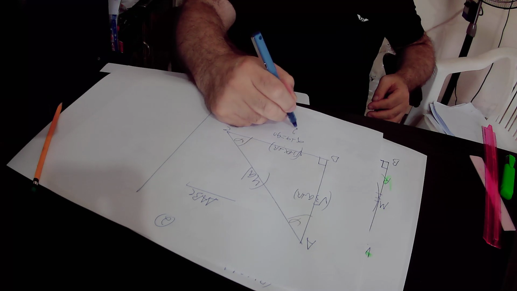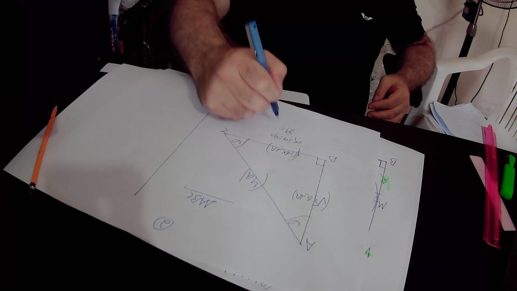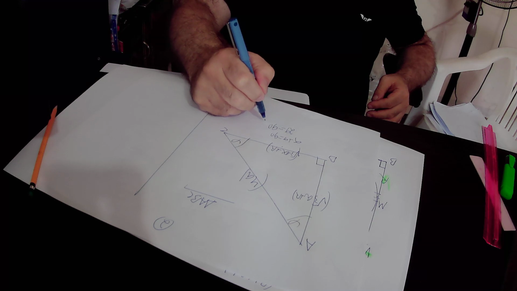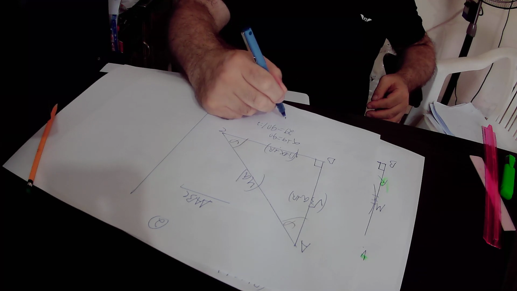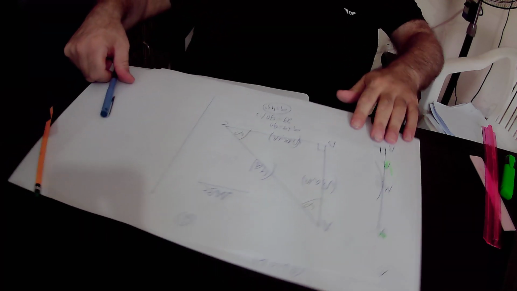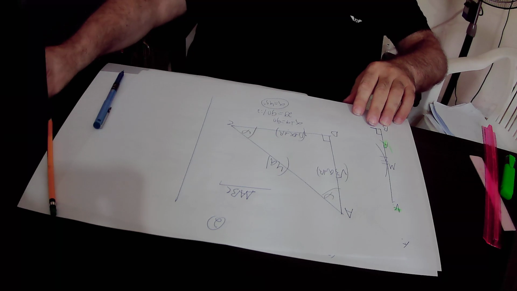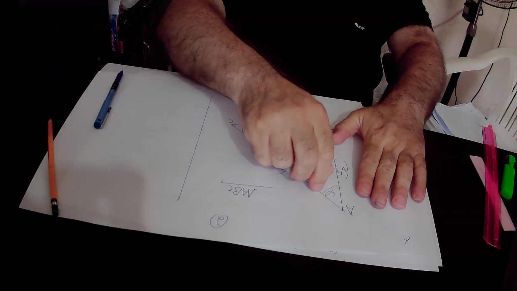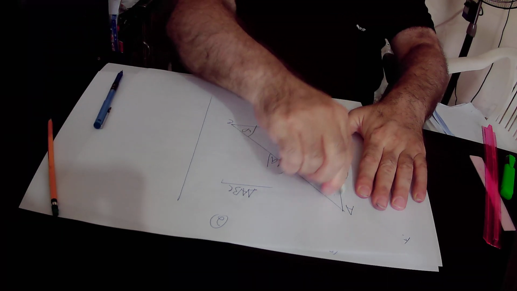Alpha plus alpha is 2 alpha, that is equal to 90 degrees. Here we divide this equation by 2 and we get that alpha equals 45 degrees. This angle alpha equals 45 degrees.